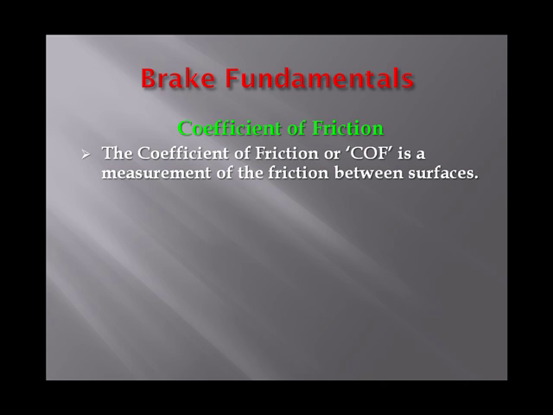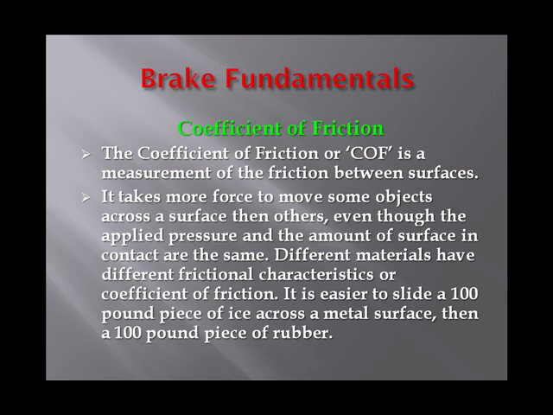The coefficient of friction, or COF, is a measurement of friction between surfaces. It takes more force to stop some objects across a surface than others, even though applied pressure and the amount of surface in contact are the same. Different materials have different frictional characteristics, or coefficients of friction.